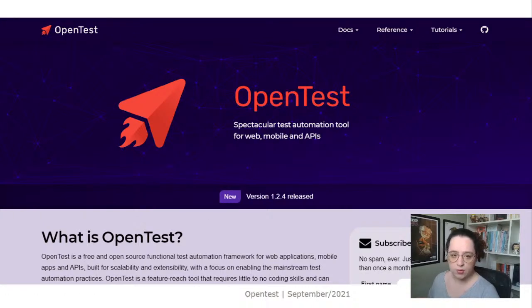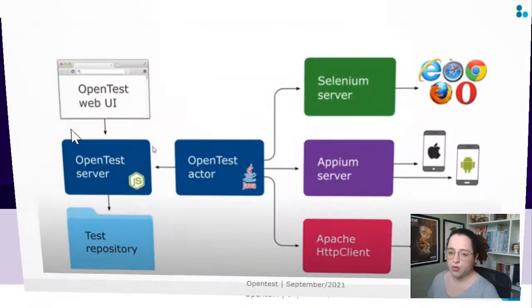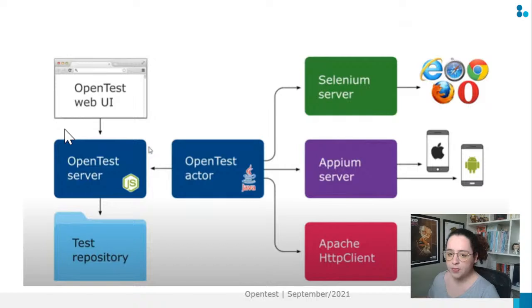Let me move to the next one to talk about the structure. Okay, OpenTest can be run using many types of browsers or drivers. Today we will use the Chrome driver and Chromium to execute our script, but we can use Explorer, Opera, Mozilla, and others. And talking about web applications, we use Selenium as a base to create a script.